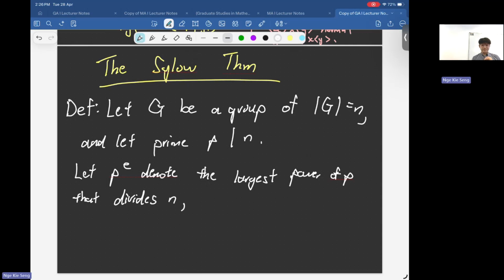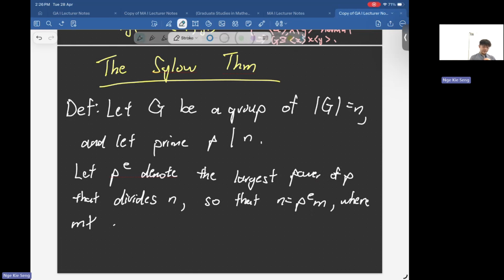Okay, so that n equals P to the E times M. In that case, P cannot divide M, otherwise you can pull the P out again.